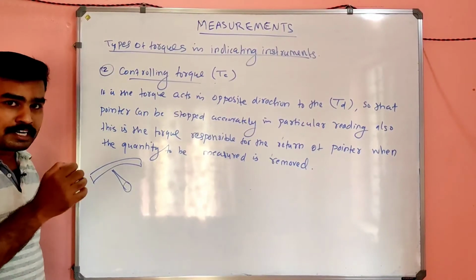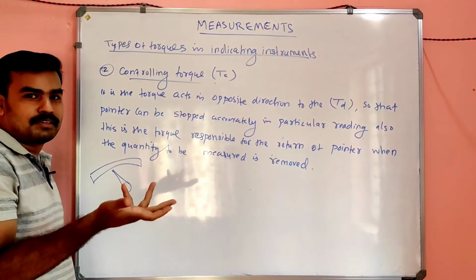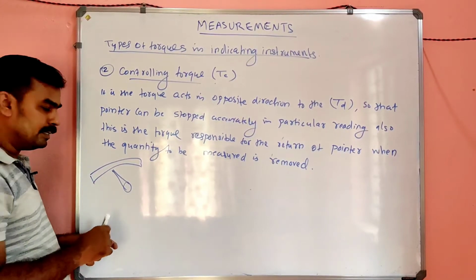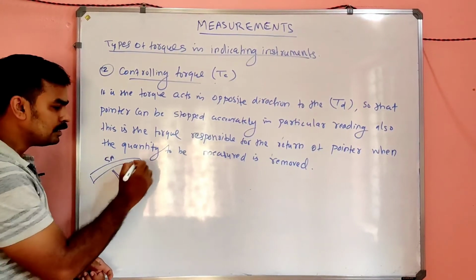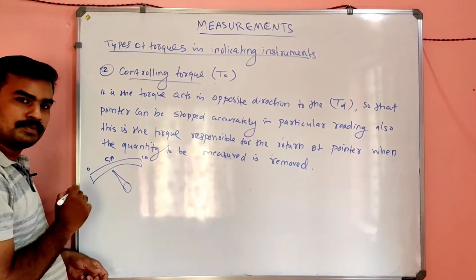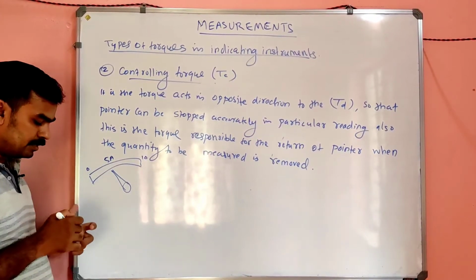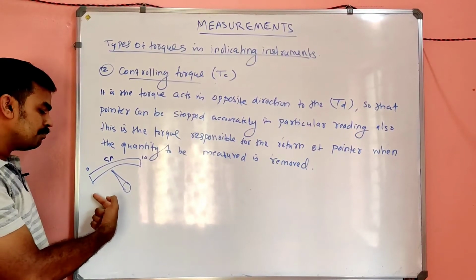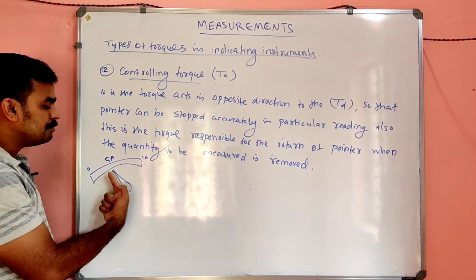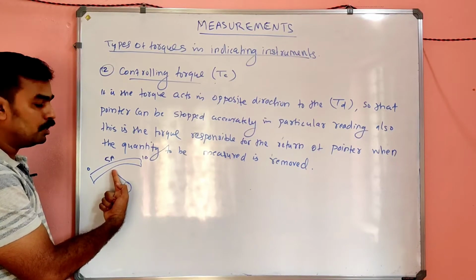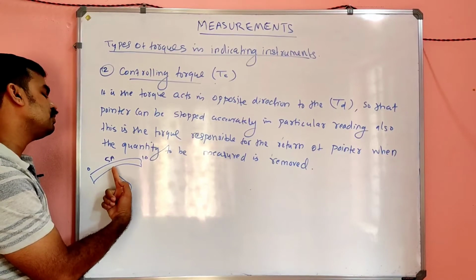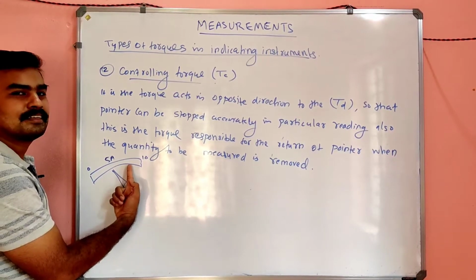In the case of caroms, that advancement is not that problematic. But in the case of measurement, suppose you have to find a 5 ampere current, up to 10 ampere, with 0 at the start. The deflecting torque corresponding to 5 ampere is generated and the pointer starts deflecting. But it may not stop at 5 ampere due to inertia, because it is already in motion, so it has the tendency to go much further.